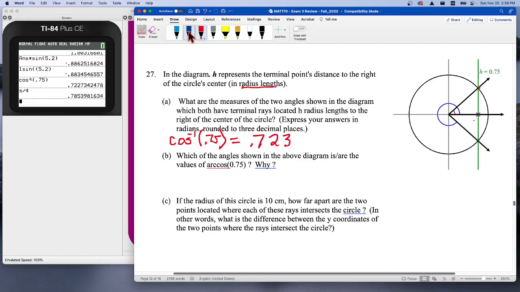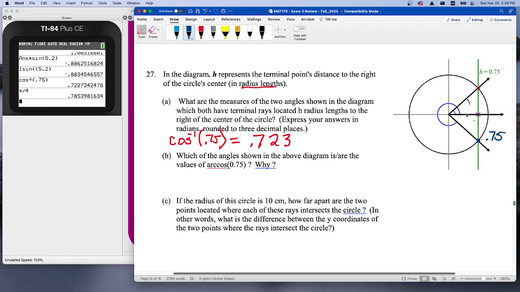To get the blue angle, we have to come around to here. Now notice this is going to be in the 4th quadrant. It still has an x value of 0.75. But if you took the inverse cosine of this, we see what we get. The angle we got here, this 0.723, is the red angle.